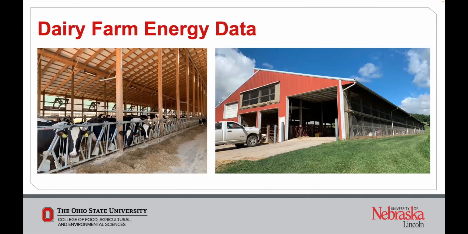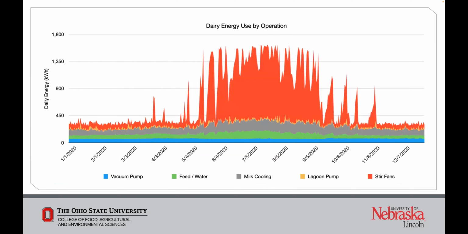So the first set of data we're going to look at is from our dairy farm. And I want to start out by looking at this information from an annual perspective. And so you'll see that this is the total energy use on that dairy farm. It's itemized by color. So you can see here that we have vacuum pump motor operations, feed and well.